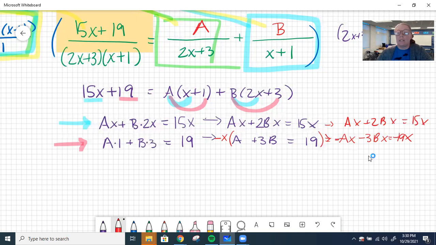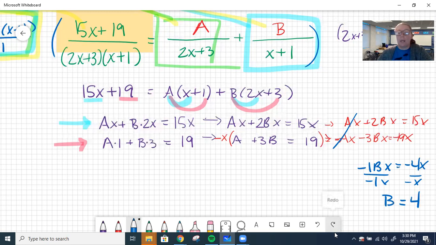Now, the reason I did that is these are opposites, so that's gone. Here, I would have negative 1bx equals 15x and negative 19x is negative 4x. And if I divide by negative 1x, I get b, because remember I'm solving for a and b, is 4.